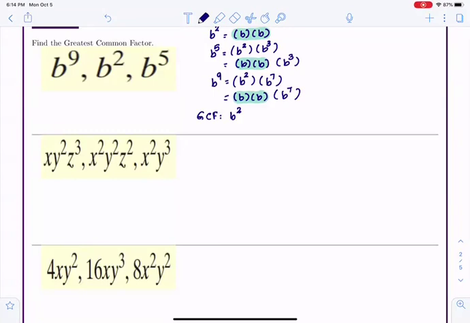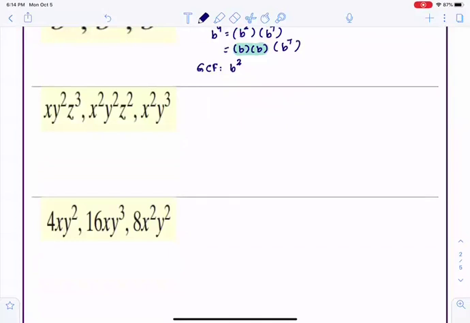So let's start with x, y squared, and z cubed. If you look at the three terms, the smallest exponent for x is 1, so we have simply x. And if you compare the three terms, the smallest exponent of y is y squared, so I'm going to leave that as is.